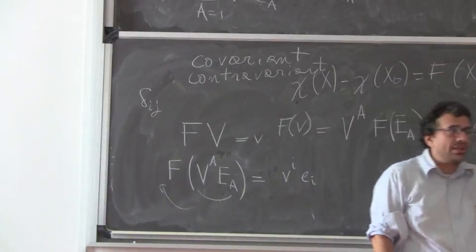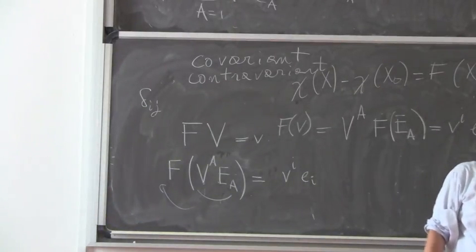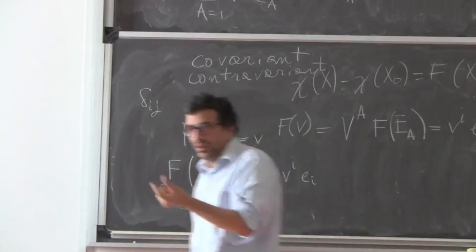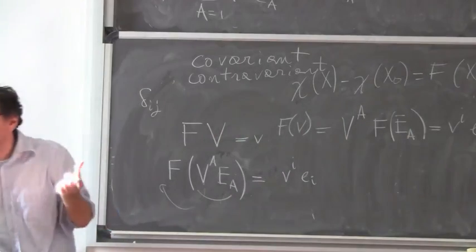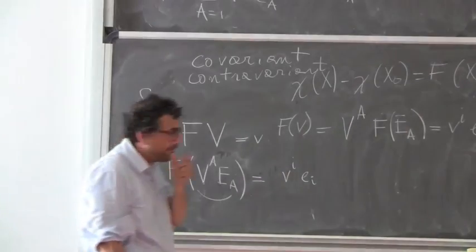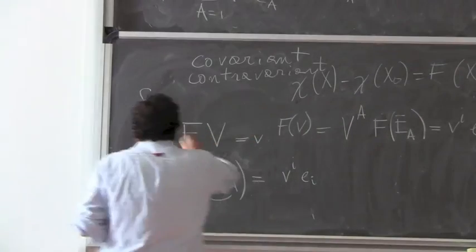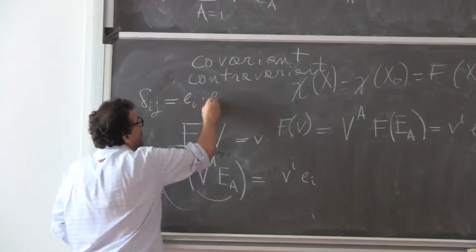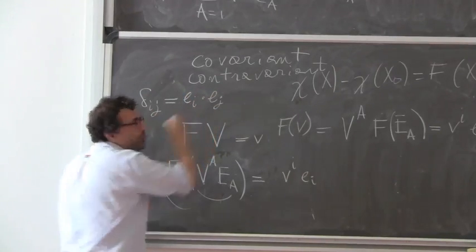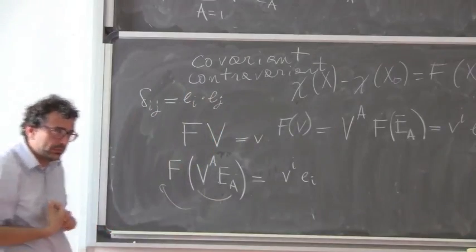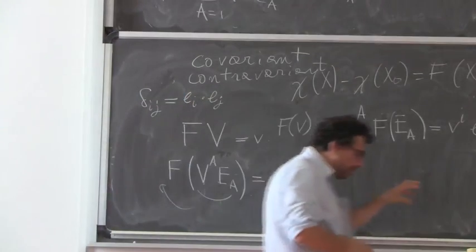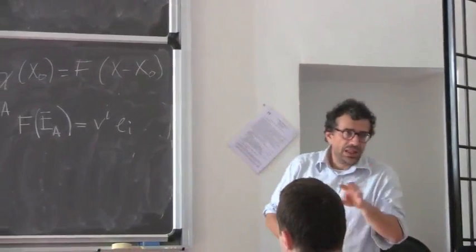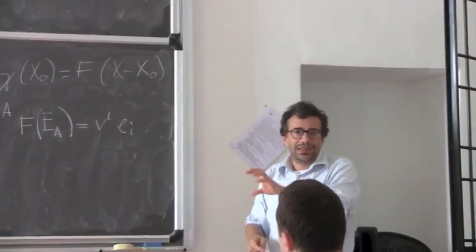When the two indices are equal, it is 1, and when the two indices are different, it is 0. Okay? So if you have an orthonormal basis, this equality is true: E_j dot E_i equals delta_ij.